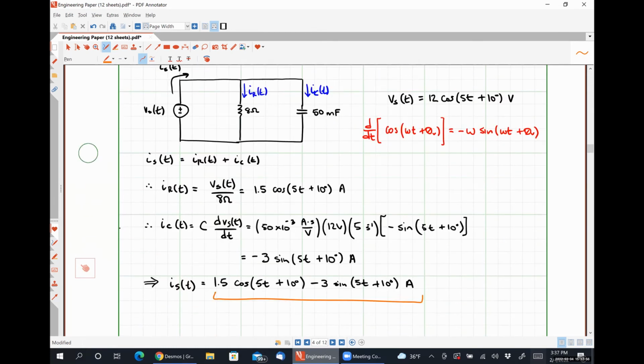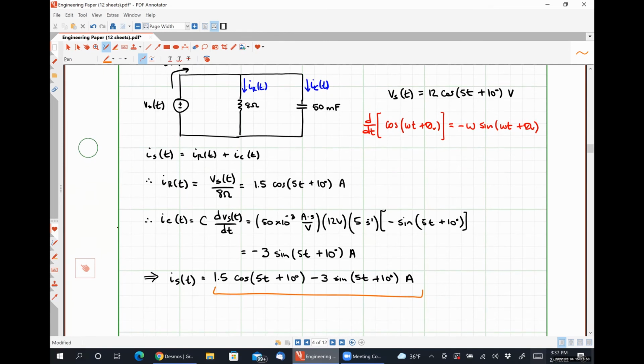So let's put everything in terms of cosine and see what happens. So that would be 1.5 cosine(5t + 10 degrees) minus 3 cosine(5t - 80 degrees) amps.